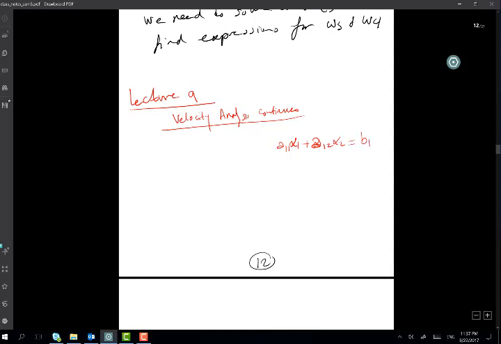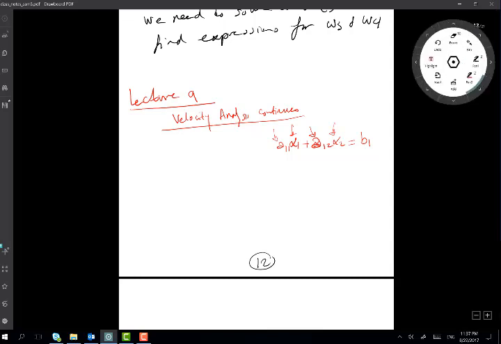Okay, so now my unknowns here are x1 and x2, and a11 and a12 are called coefficients in mathematics. If I have another equation, a21 x1 plus a22 x2 is equal to b2.